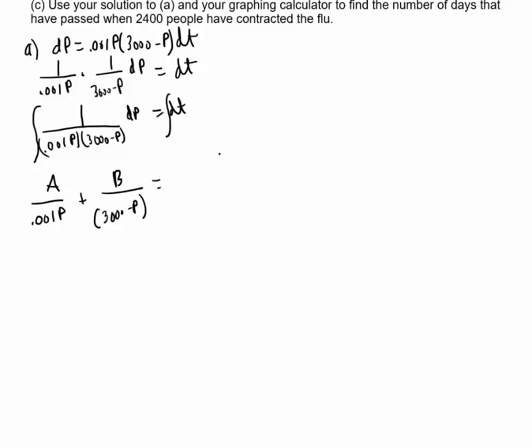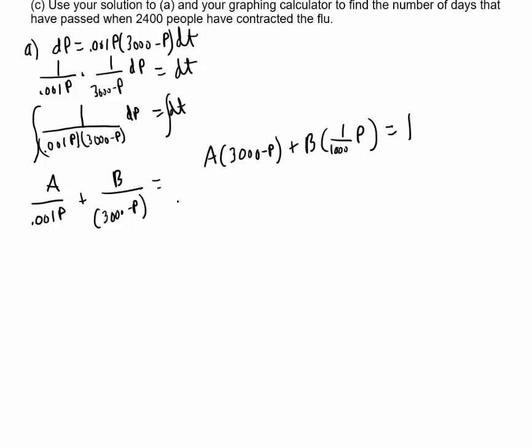We'll crisscross them, so I get A times (3000 minus P) plus B times 0.001, which is 1/1000, and that's probably a little bit easier to do in fraction form. So I'm going to do 1 over 1000 P, and that's going to equal 1.